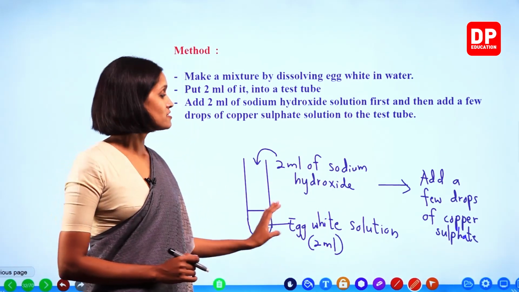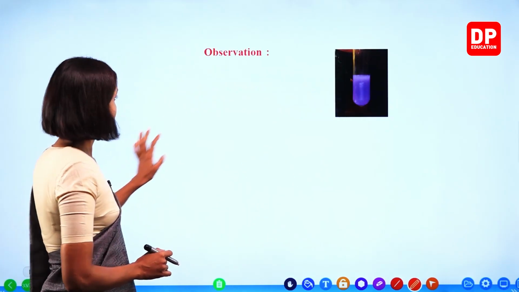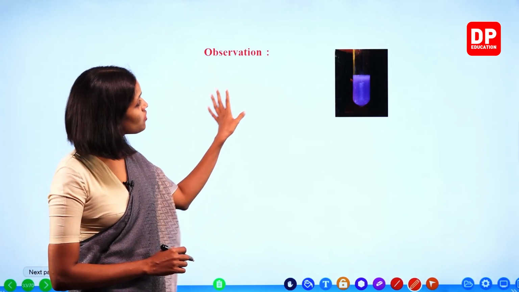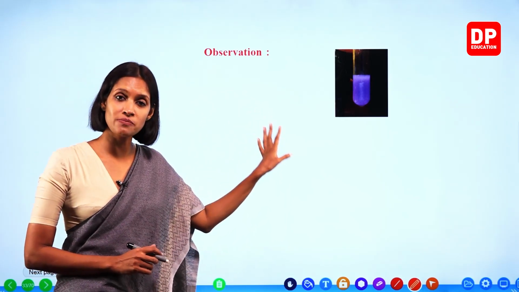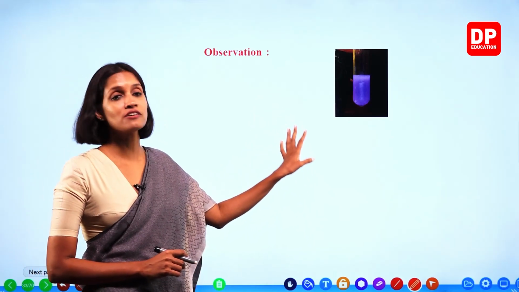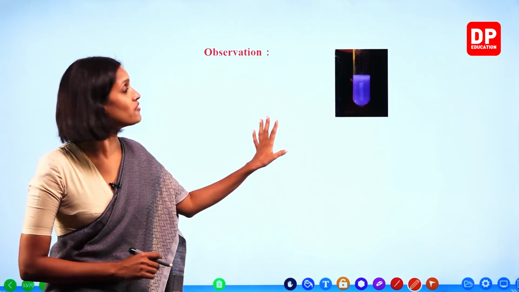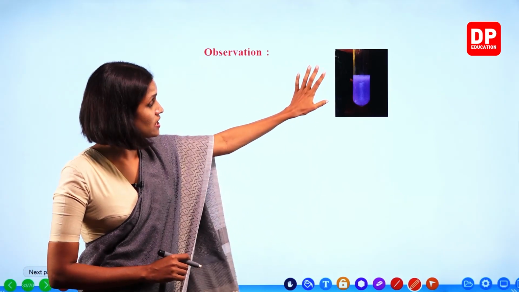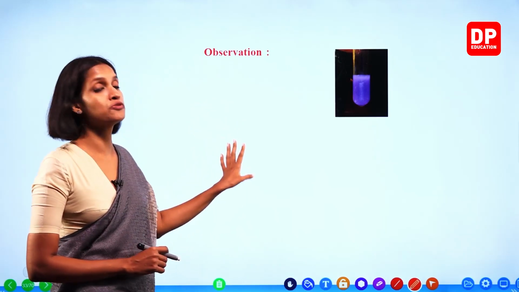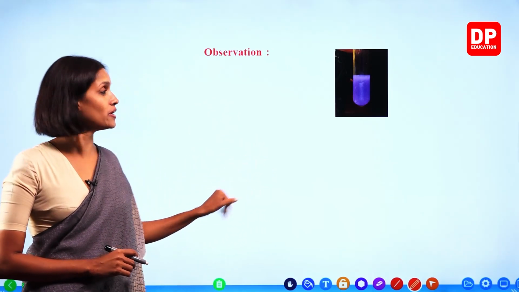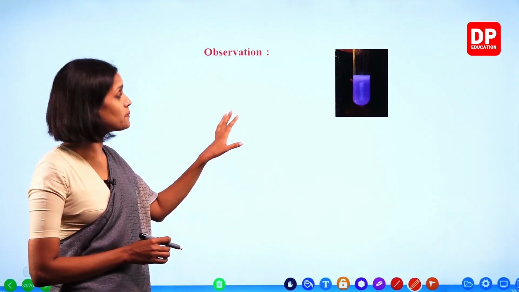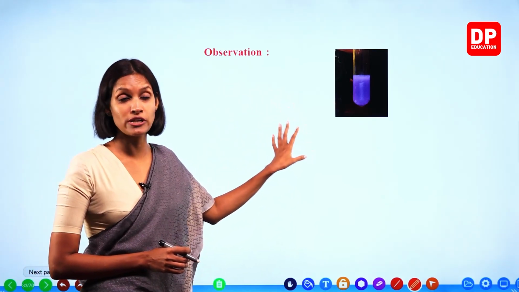What happened? The solution turns purple color like this, right? So this observation is only possible with proteins. If only proteins are present in the food solution, we can identify it by this color change. Therefore, this test is helpful to identify proteins. The other nutrients will not give the same color change. Therefore, this purple color is obtained only with proteins, right?